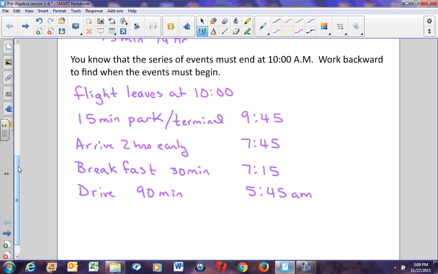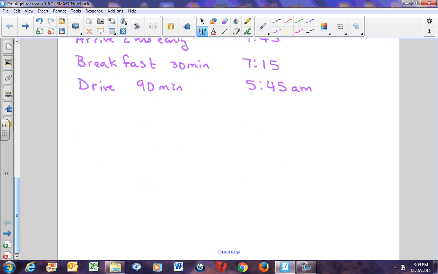And I can double check this really simply. Let's find the total time needed, and I'm going to do it in minutes. I need 90 minutes to drive, 30 minutes for breakfast, 15 minutes to find parking, and I need to be there 2 hours early, which is 120 minutes.